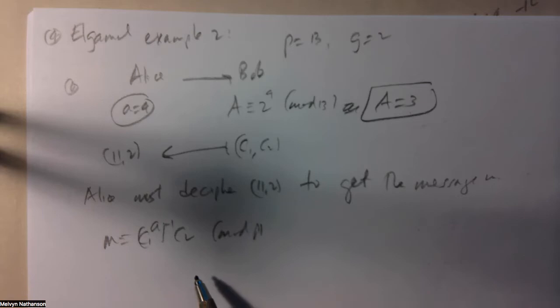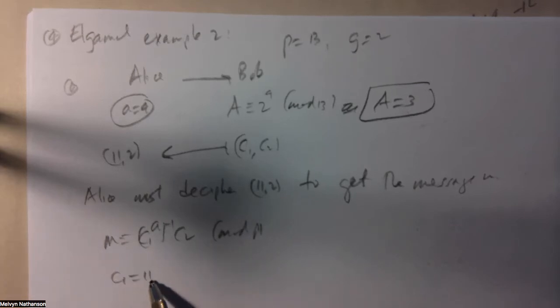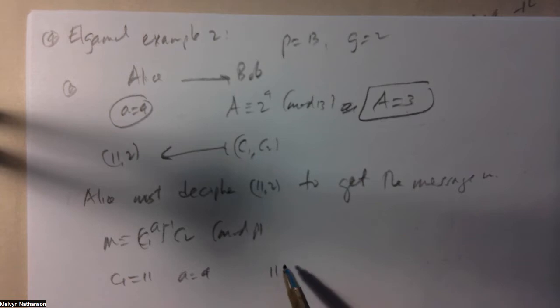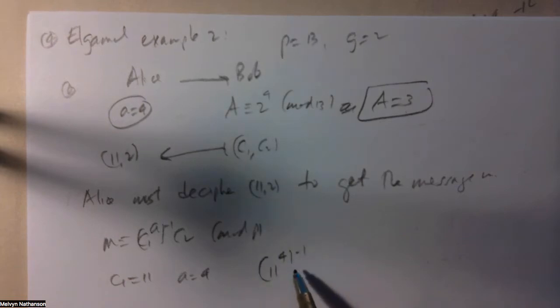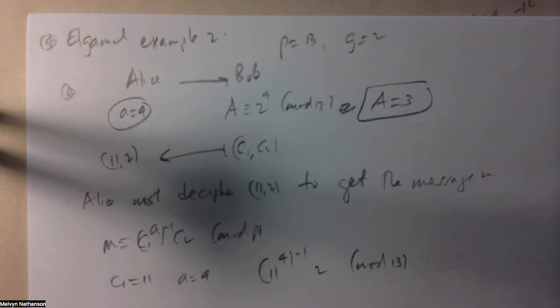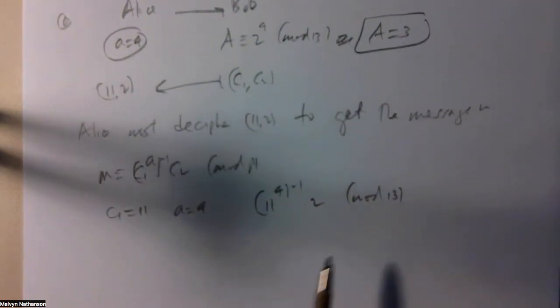So C1 is 11. a is equal to 4. So Alice has to calculate 11 to the 4th power inverse times C2, times 2, mod 13. So again, you can calculate this in a variety of different ways.